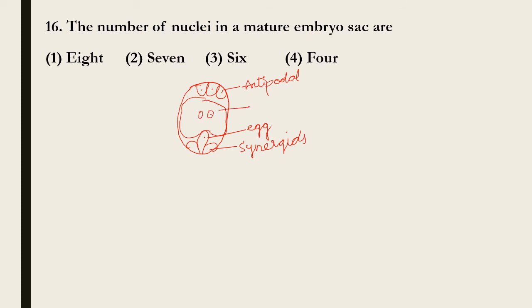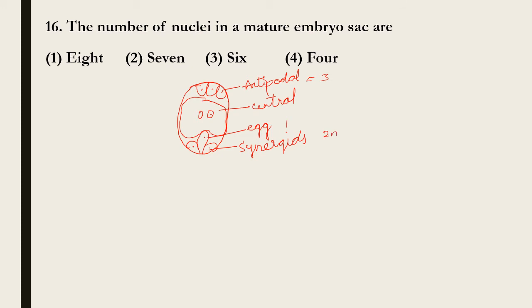Each antipodal cell has one nucleus, the egg cell has one nucleus, and each synergid has one nucleus. So the three antipodals have three nuclei, the egg cell has one nucleus, and the two synergids have two nuclei. So 2 plus 1 is 3, plus 3 is 6, and the central cell has two nuclei.